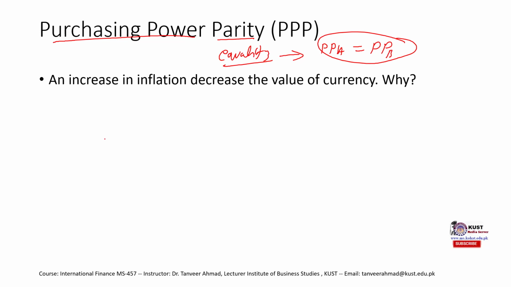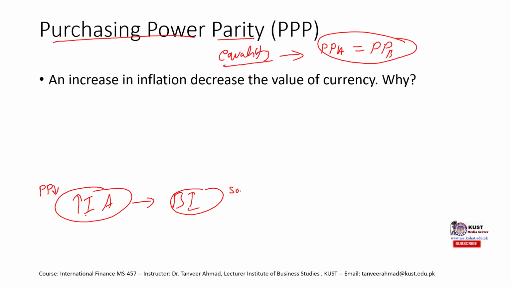What does that mean? Say for example, if the inflation increases in country A, but the inflation remains the same in country B. So the purchasing power will decrease in country A. However, it would remain the same in country B. If the purchasing power decreases due to this inflation, the prices would increase, obviously, since inflation means that prices increase.